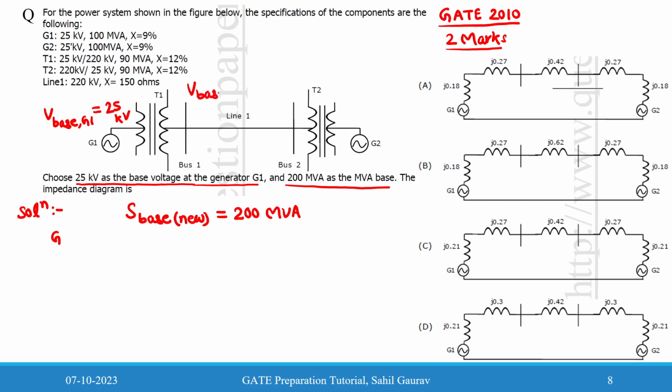So V base line will be 220 divided by 25, this is the voltage ratio, so this is also the turns ratio, into 25 kV. So this will come the same, 220 kV. Since both transformers are identical in turns ratio, the base at G2 will also be the same as at the G1 side, 25 kV.